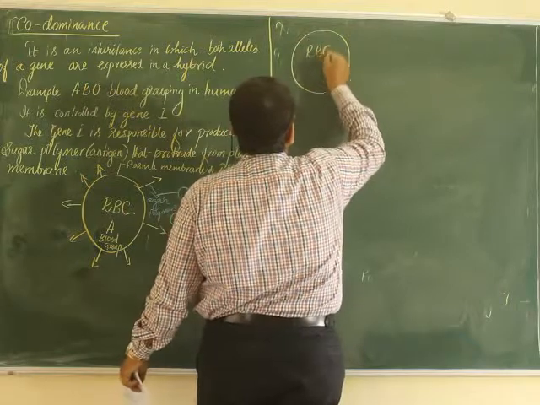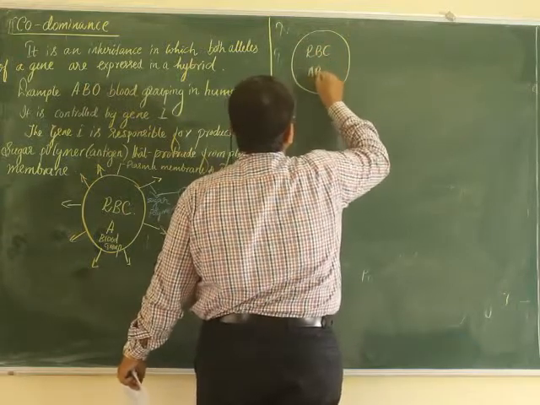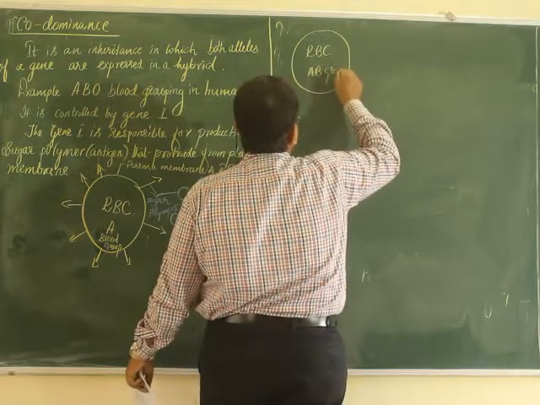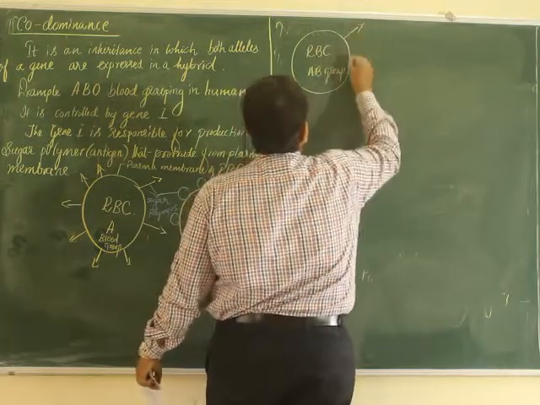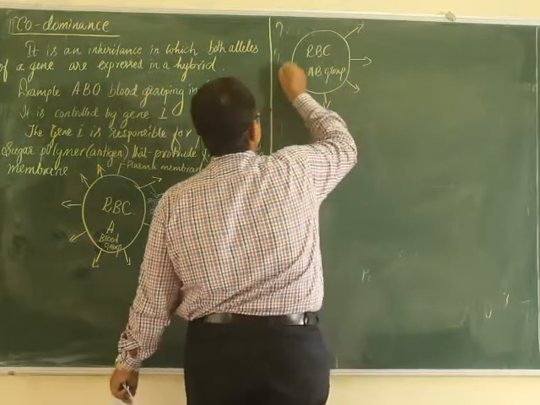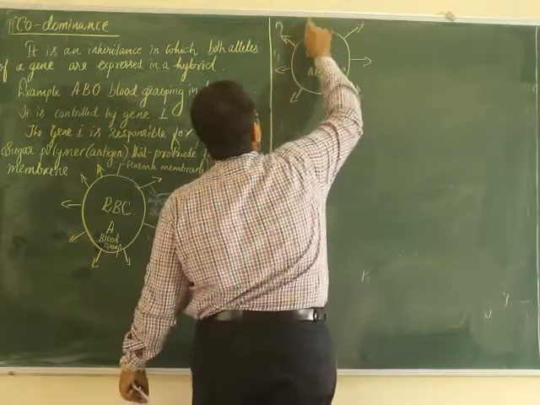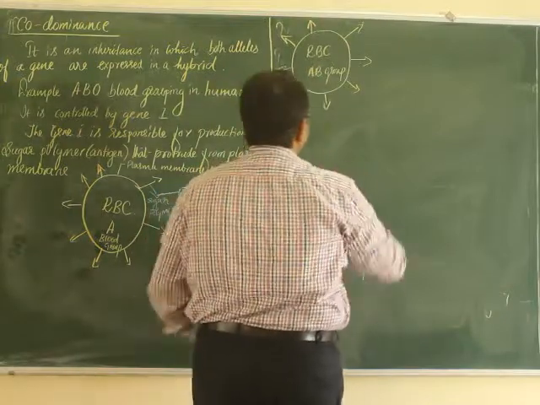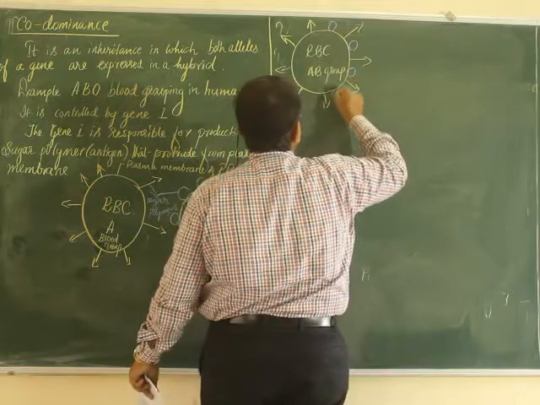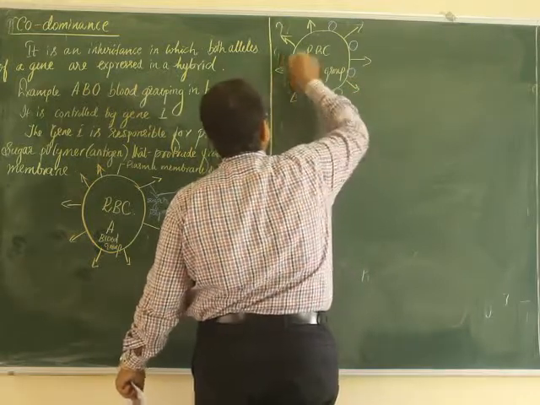RBC with AB group will have both the polymers like this. Okay.